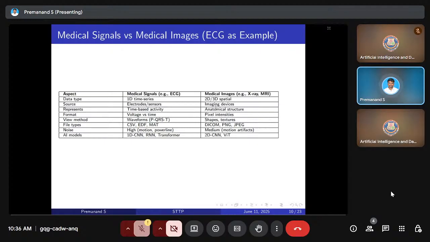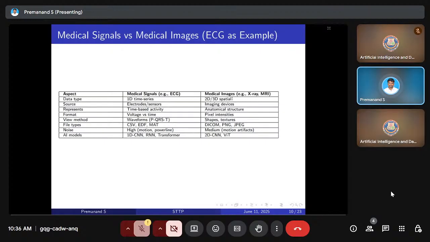From the device only we can get it, not from sensors. And 1D means a time-based activity. Say, for example, if I am acquiring data from a particular patient for 24 hours, the data gets acquired second by second. So this is a time-based thing.